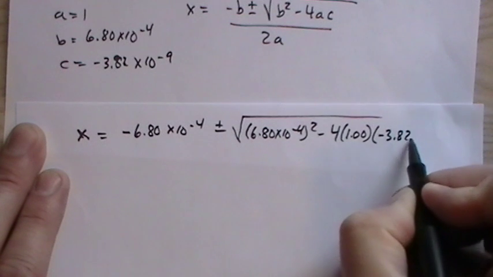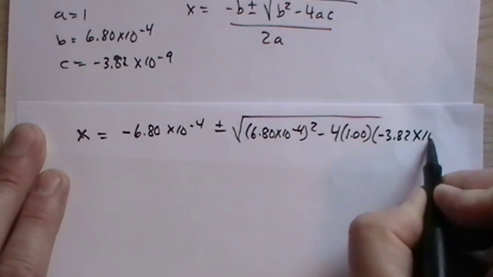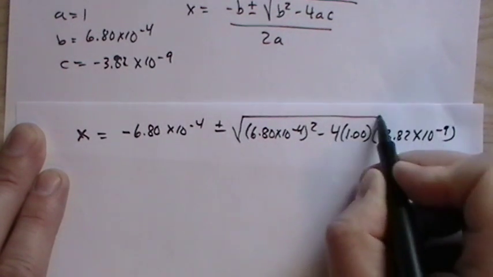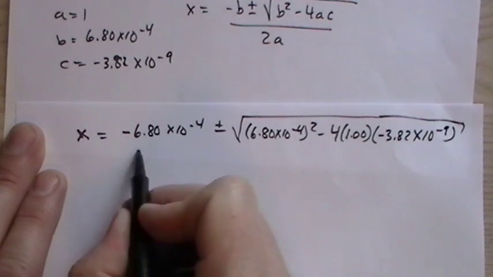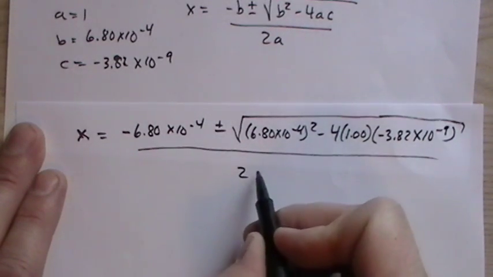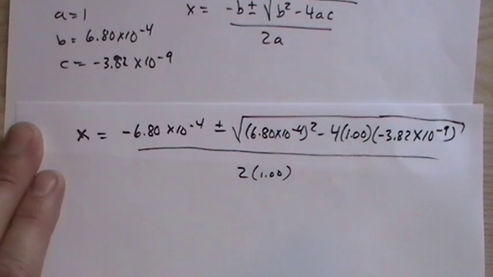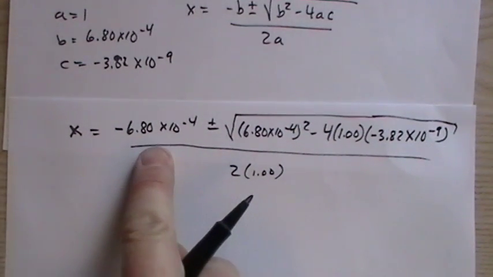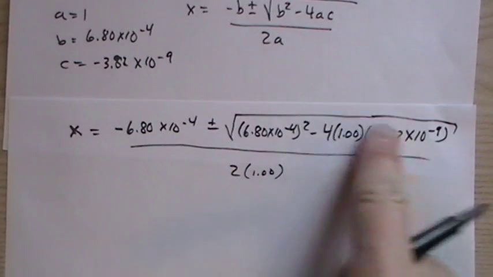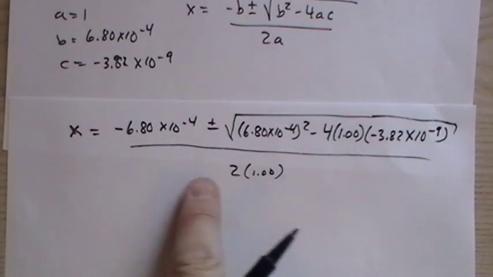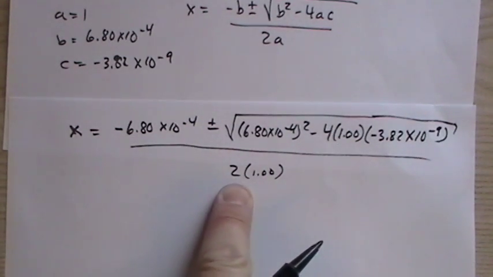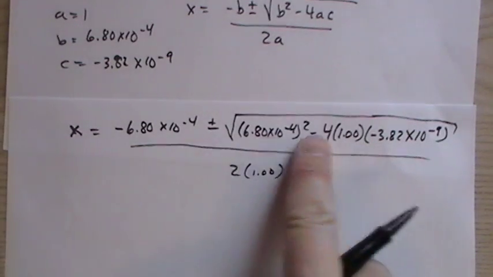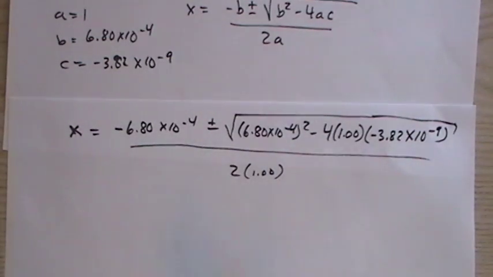Actually, we don't even need that, that would be exact anyway, so the 4 is definitely exact, over 2a. Alright, so you can see that we will get two answers. This number plus this under the square root sign over 2, and then this number minus this term over 2.